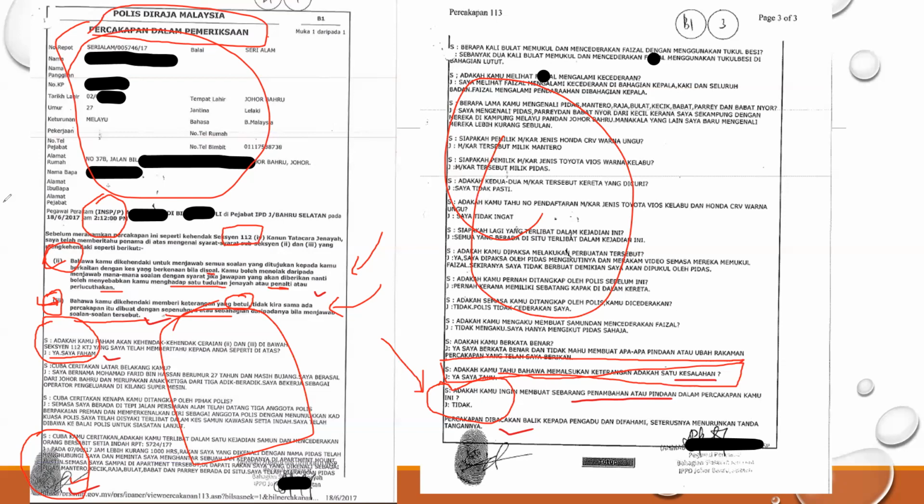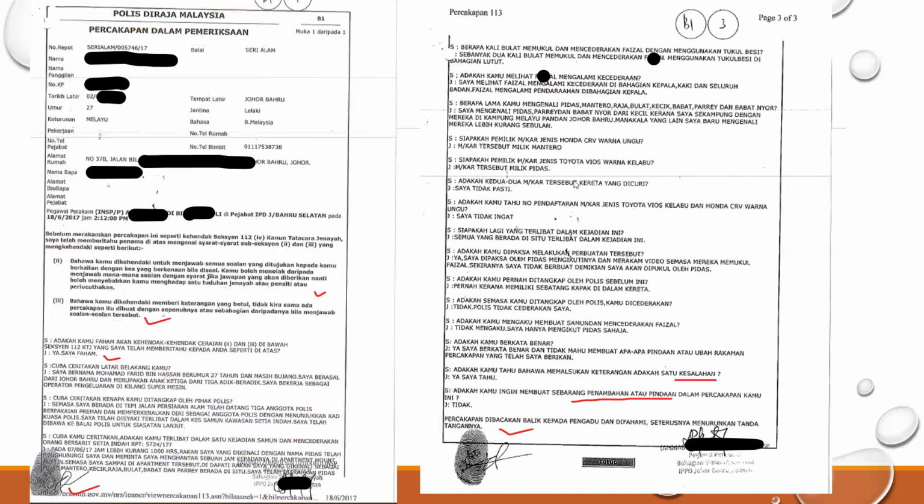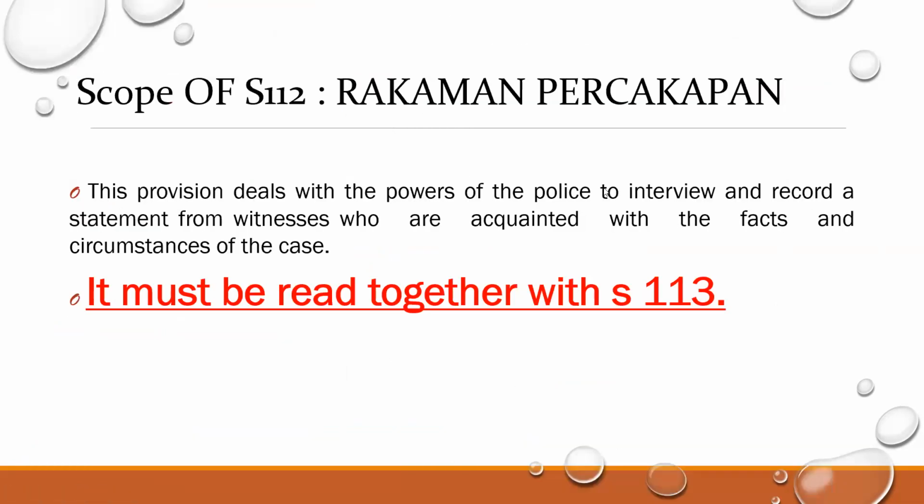Okay, so you must also know the position of section 112. Sorry to say, but Jaya Raman is an old case. Usually, Section 112 now, because no black and white. One case happened, take for example, a murder happens.